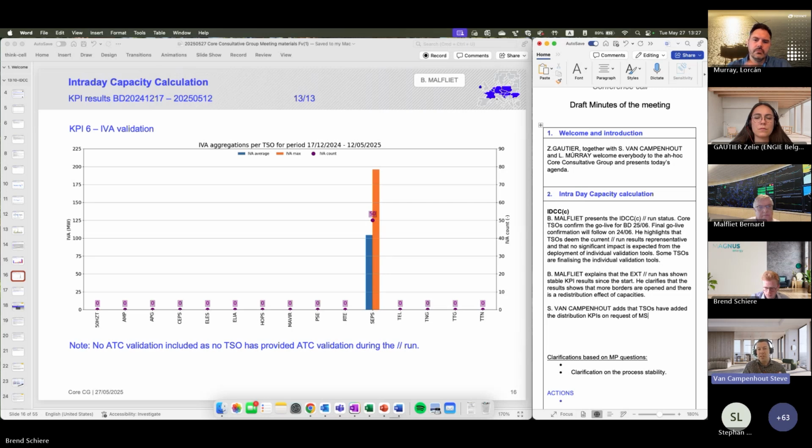This is the positive effect in the redistribution. And this is the principal value of the IDCCC: a more recent grid model that contains the remedial actions is less pre-congested as a starting point and enables more borders to be opened. That is the key takeaway from the whole KPI analysis from the parallel run.